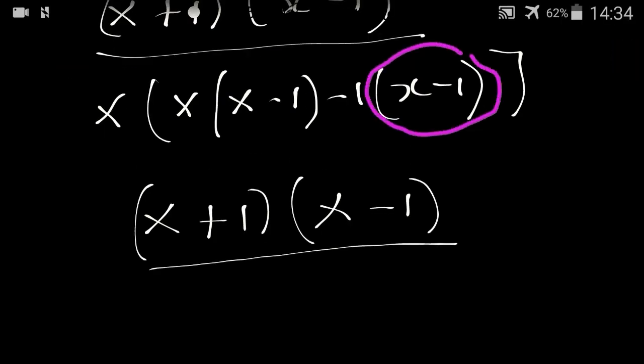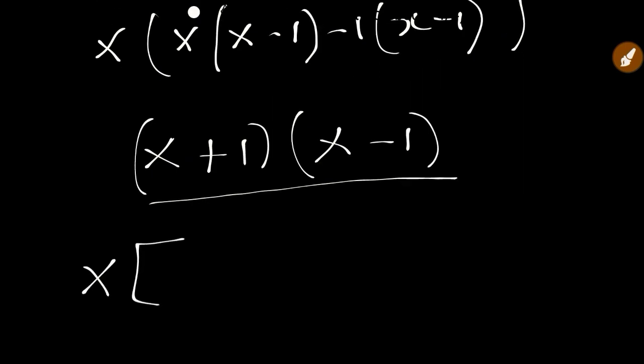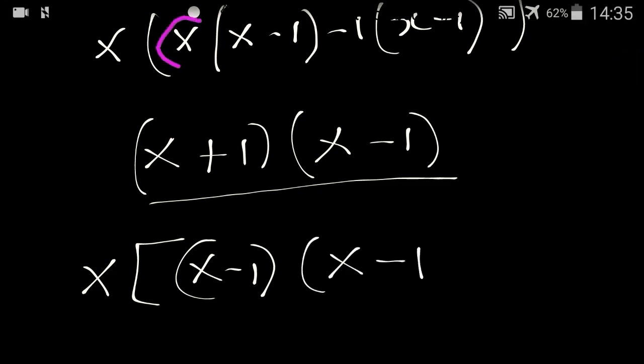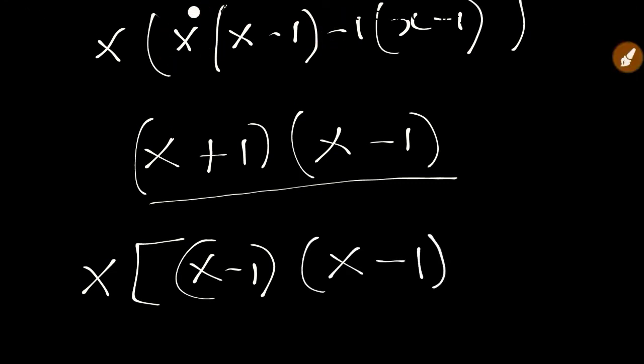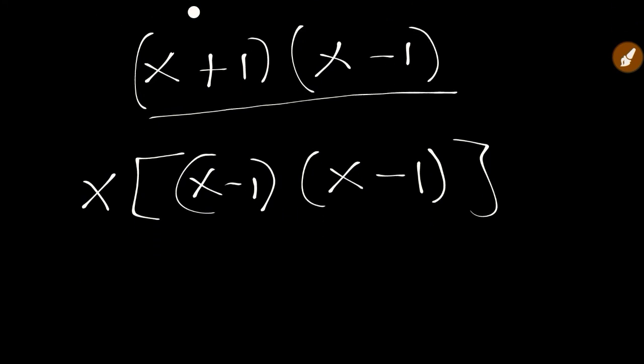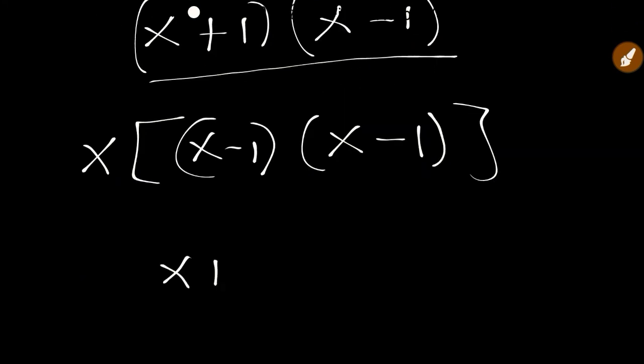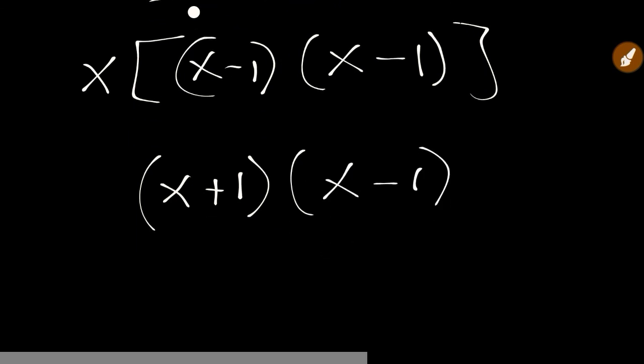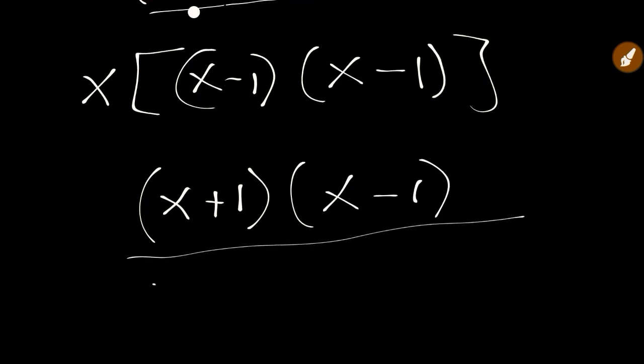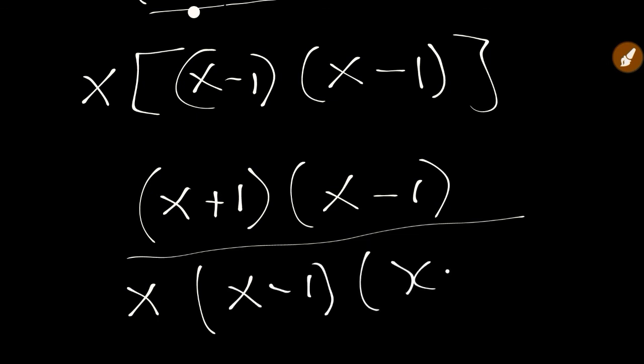And then we are taking one of those by factorization. So we're taking that x outside first. So we say (x - 1). (x + 1)(x - 1) all over x into (x - 1) into (x - 1).